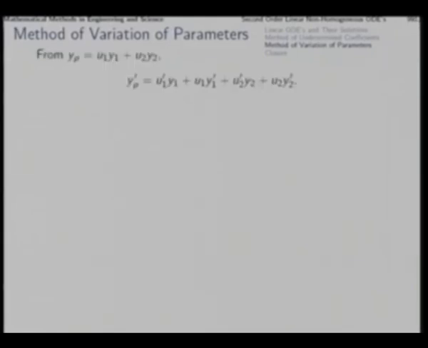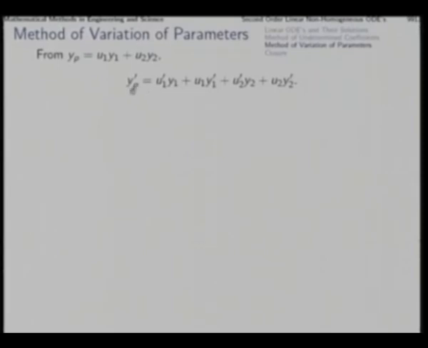The way to do that is, at first, as we differentiate yp, this proposed function, we get u1 prime y1 plus u1 y1 prime from the product rule. Similarly, from here u2 prime y2 plus u2 y2 prime. So, these are the four terms in the derivative of these two terms.